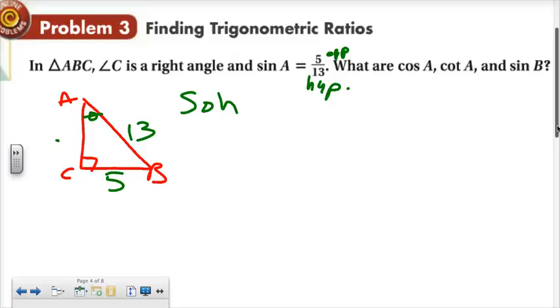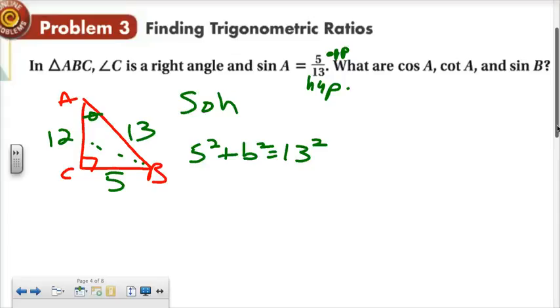So I will just call this little b here because it's right across from capital B, and in right triangle trigonometry we tend to use the uppercase for the vertex and then across from it is the lowercase for the side. So again, if you don't recognize this, you could always use the Pythagorean theorem, but this is that famous Pythagorean triple that we saw just a little while ago. b is 12. So either use the Pythagorean theorem or use what you know.